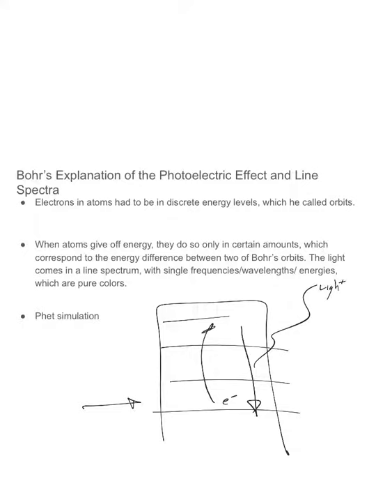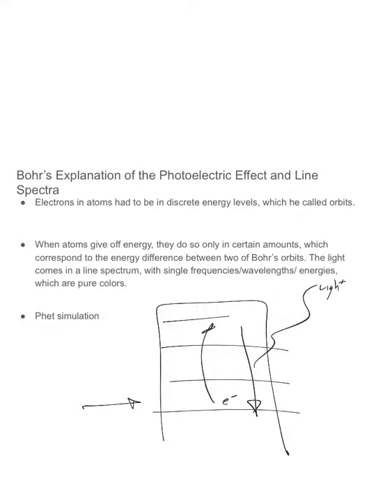So that would go back to the line spectrum that we just talked about for hydrogen, the 5 different lines. The thing of it is that with Bohr, his idea was that he couldn't necessarily explain why these electrons existed in the very specific energy levels that they did, and why they could go up certain energy levels or hotel floors and then back down to their original energy level.